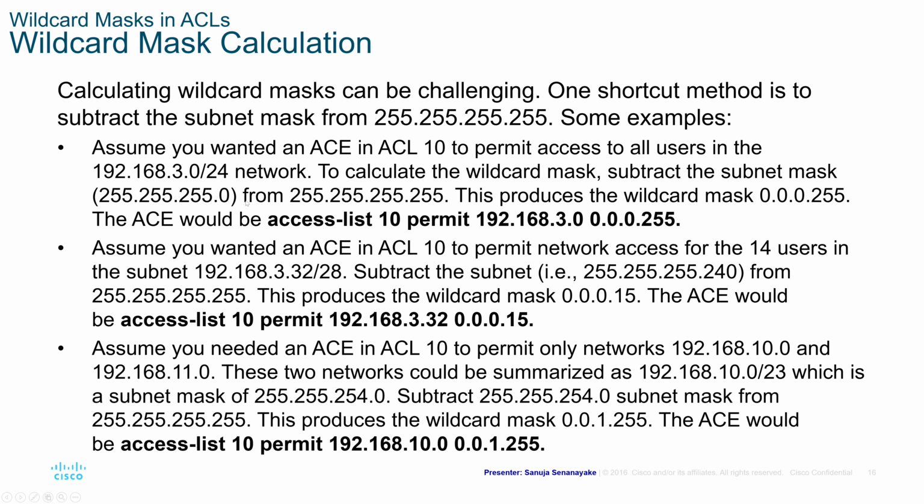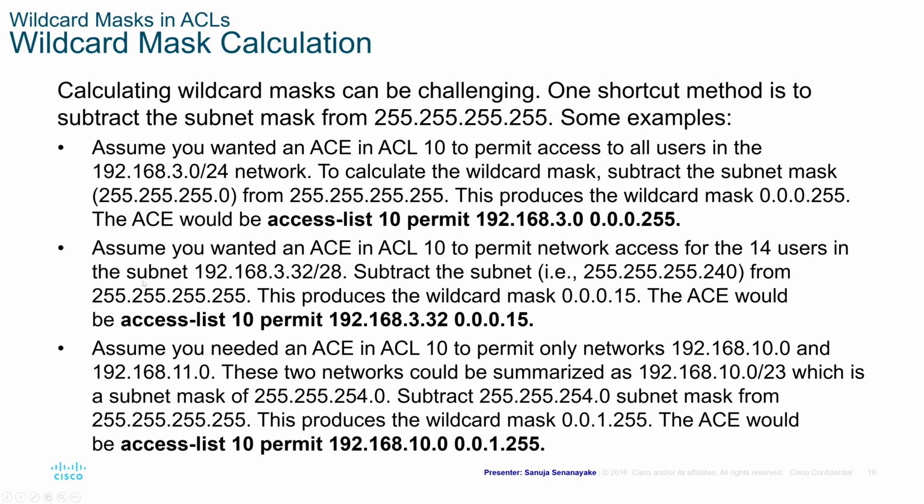Hence the access control entry, or ACE, is going to be access list 10 permit 192.168.3.0, and now we're going to use the calculated wildcard mask, which is 0.0.0.255. So we calculated the wildcard mask by taking the subnet mask and subtracting it from 255.255.255.255. Also, sometimes people call it CIDR 255, right? And that would end up with the wildcard mask.